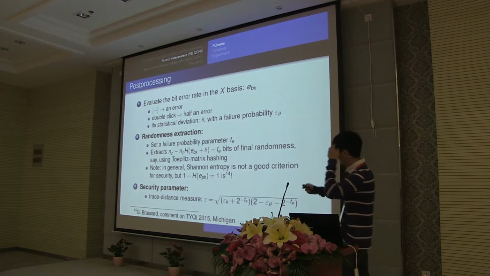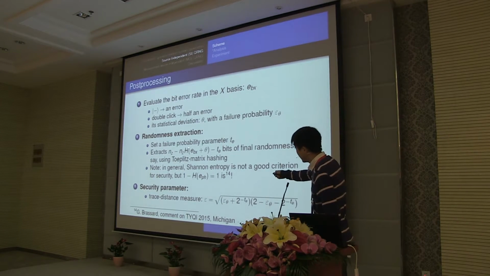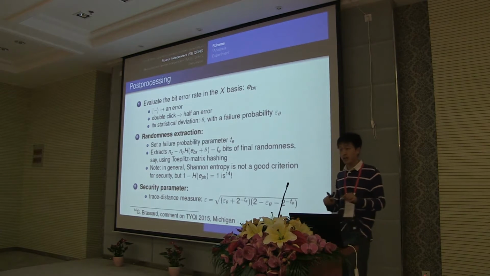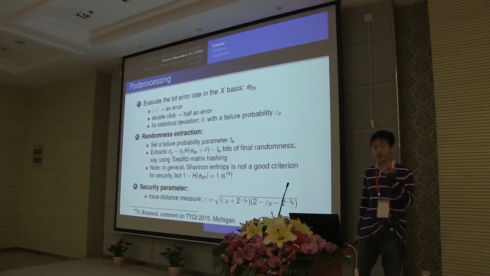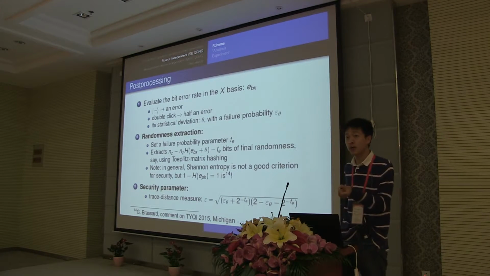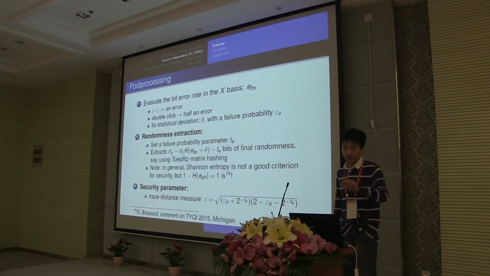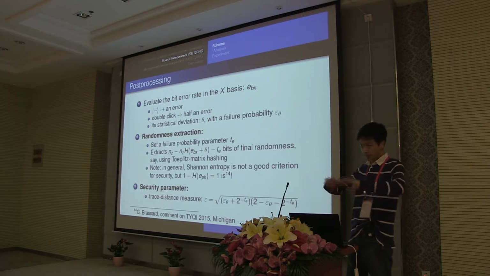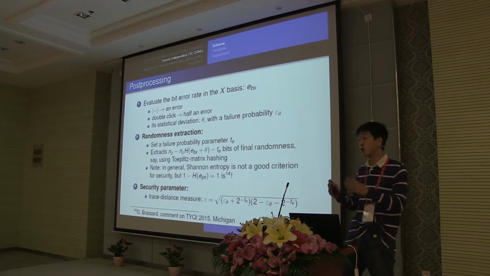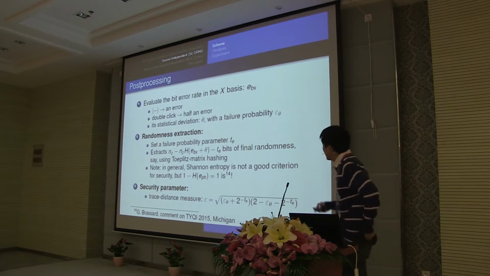Here I have a note. I need to emphasize that this H is Shannon entropy. Normally in randomness quantification, we should use min-entropy instead of Shannon entropy. You can have a very easy counterexample showing that Shannon entropy is not, in general, a good quantification for randomness.